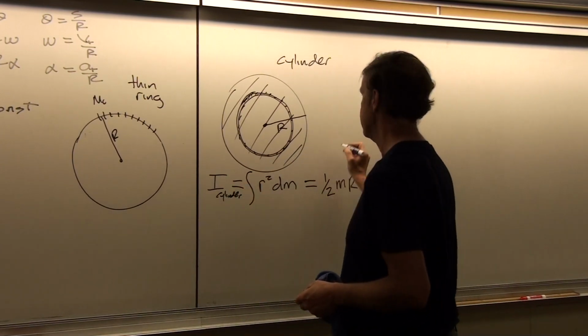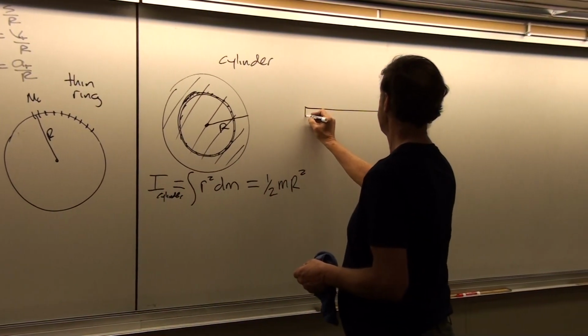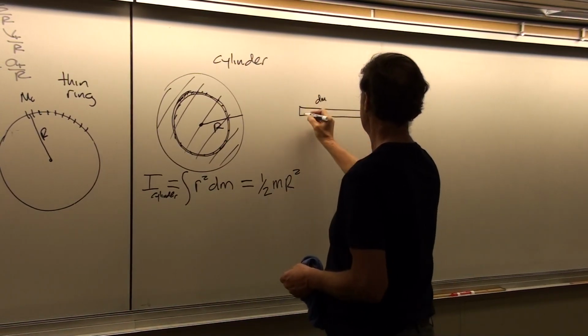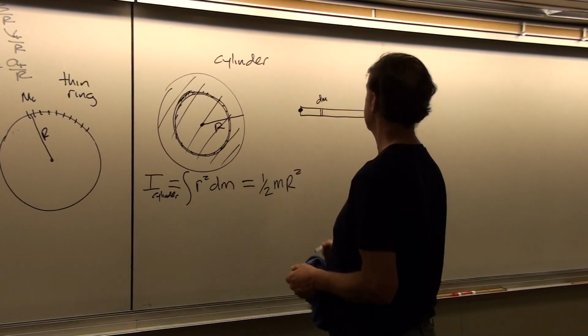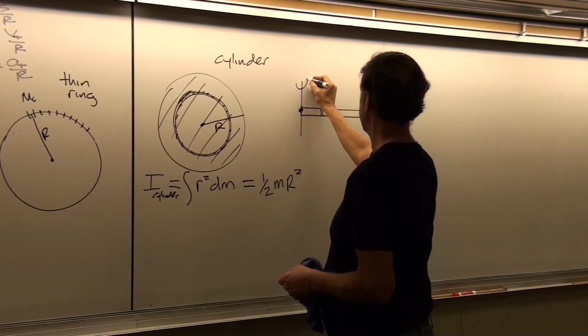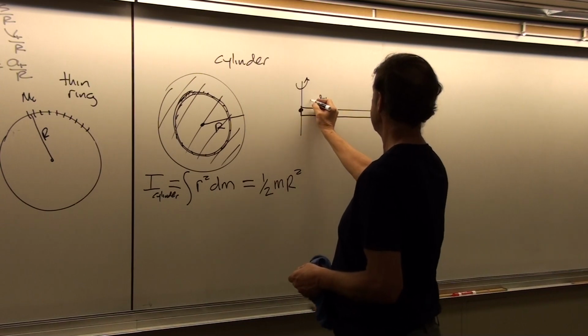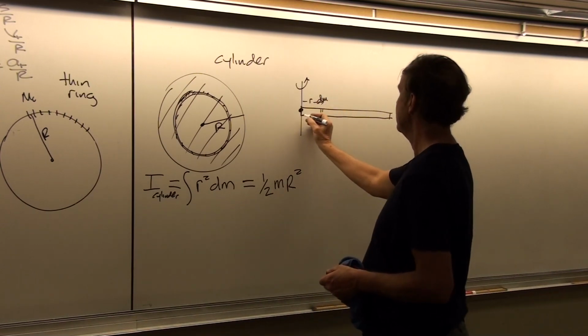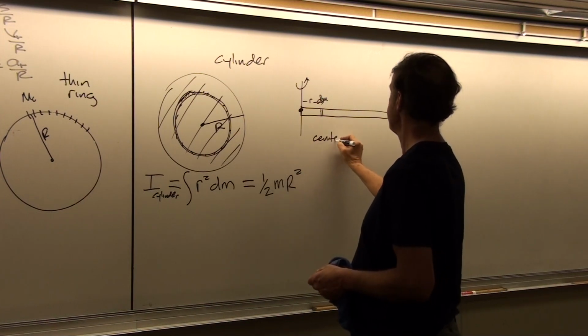Now I for a thin rod, here again you would have some little dm. Let's say you're rotating it about the end. Okay? And if you rotate it about the end like that, then each one of these is going to be some different distance r away from the center of spin.